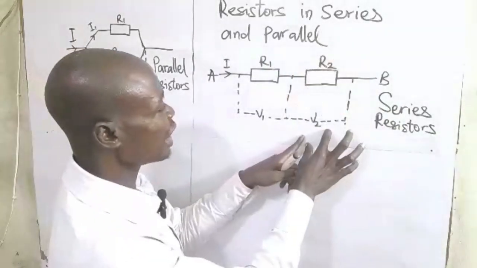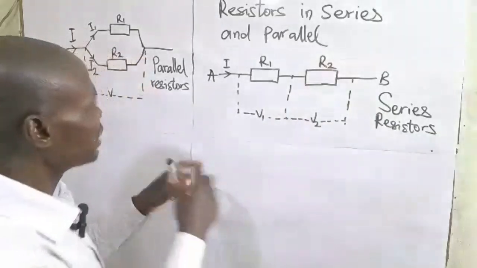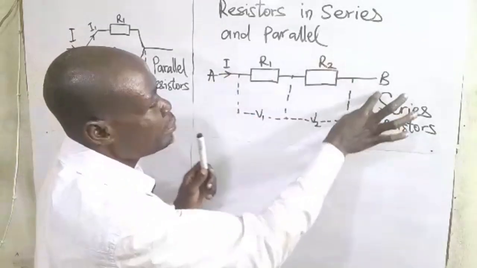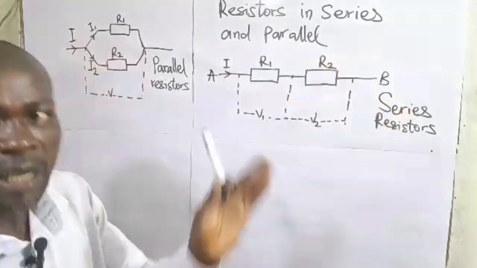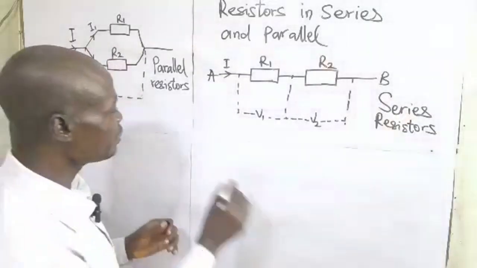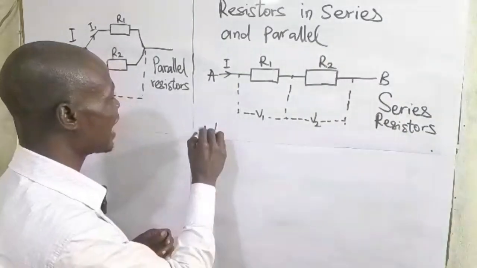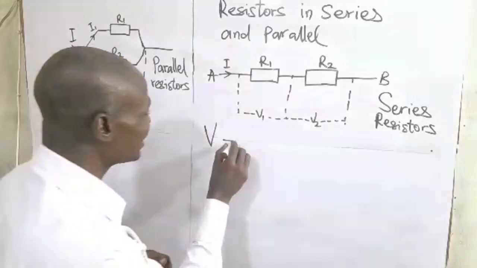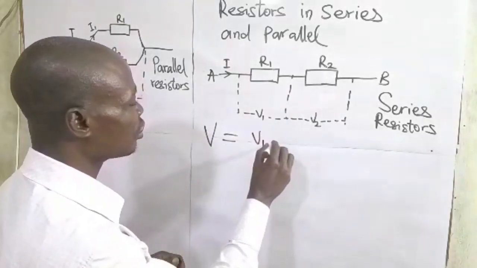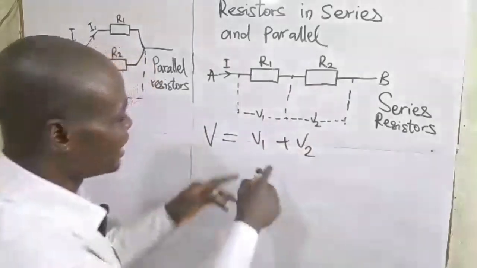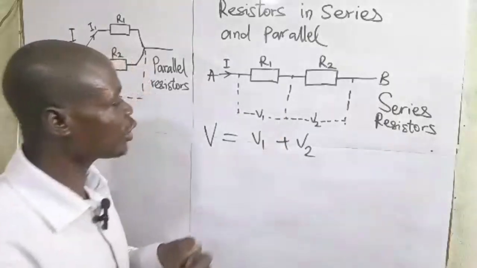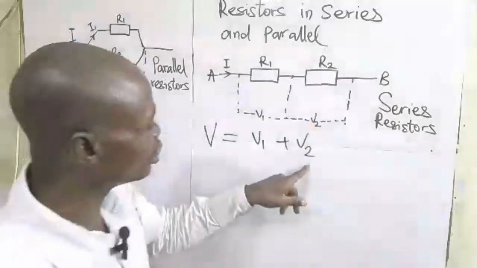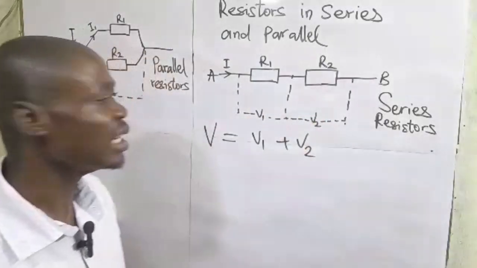The potential across R2 is V2. So that means that the potential across AB is going to be the total potential. So let us represent the total potential across AB as V, and this is equal to V1 plus V2, since V1 is the potential across R1 and V2 is the potential across R2.